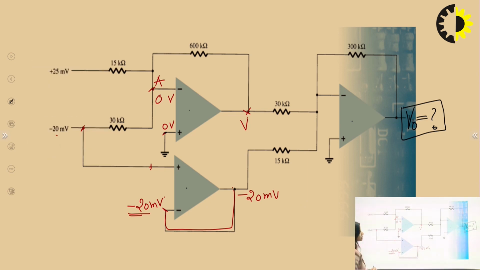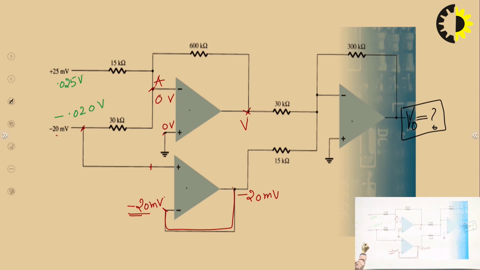Making the equations. Here this is 0.025 volt. This is minus 0.020 volts. Everything I am applying in volts.